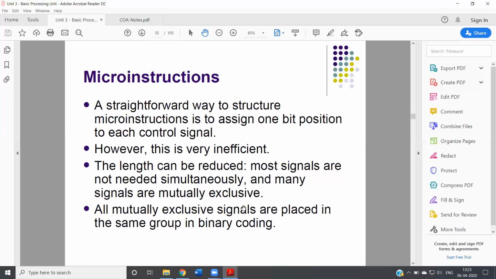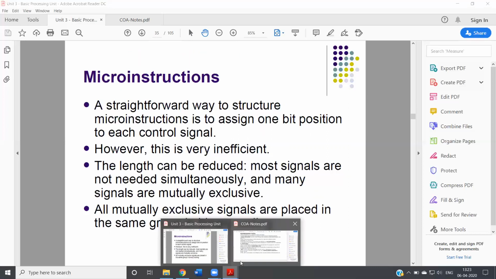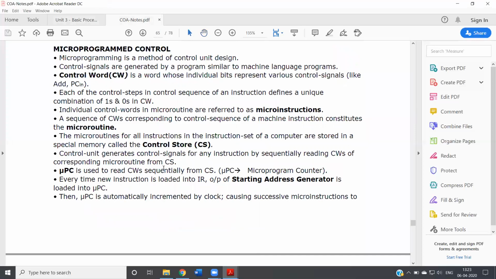So those which are not required are marked as 0. All mutually exclusive signals are placed in the same group in the binary coding. The MuPC is used to read control words sequentially. Every time a new instruction is loaded to the instruction register, the starting address generator is loaded to the MuPC.